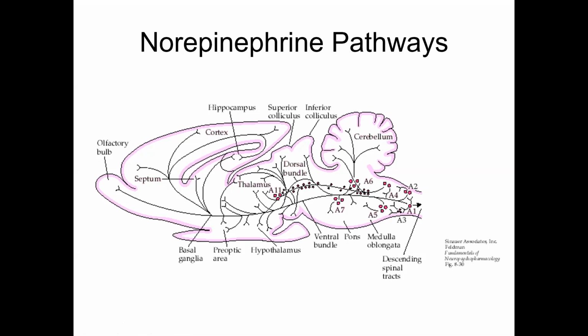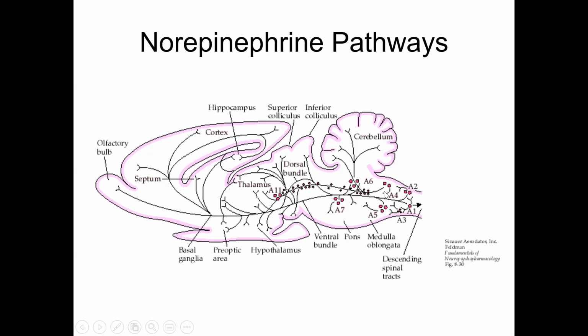So all of these locus coeruleus and subcoeruleus cells will all contain and release norepinephrine. So the locus coeruleus then has a wide number of projections.